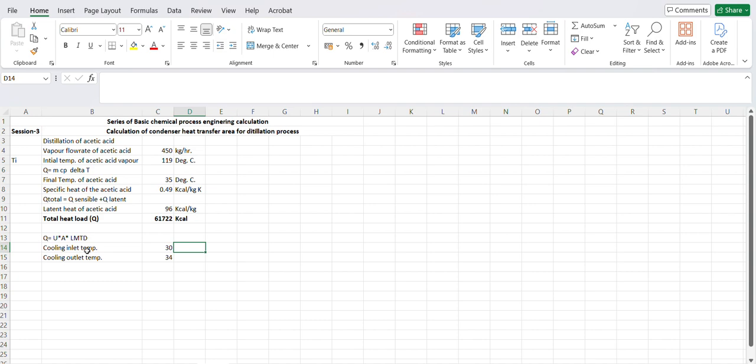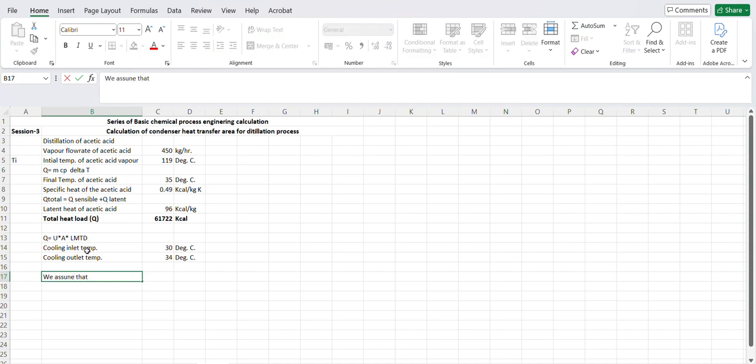You can consider it as 35, 34. If you are going to use chilling water, then you have to consider the temperature accordingly, like 10 to 14 degrees Celsius. To calculate LMTD we assume that the operation is counter current.